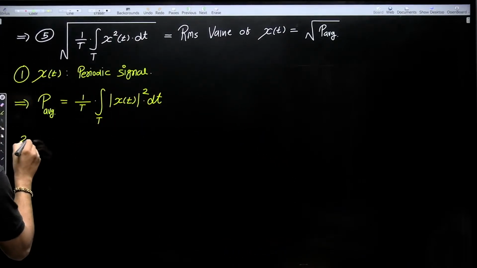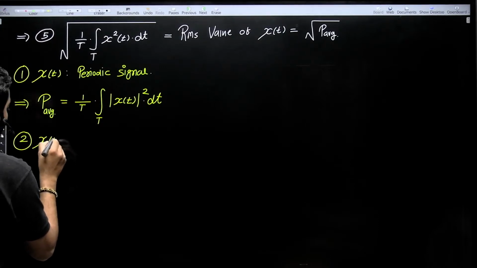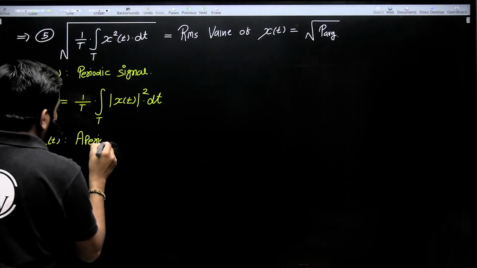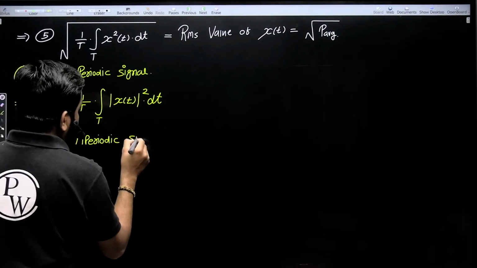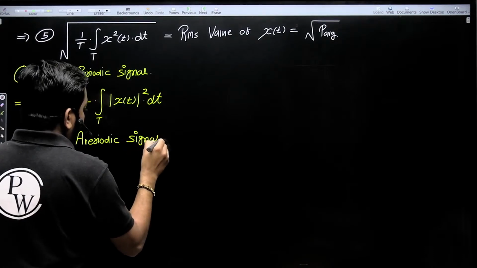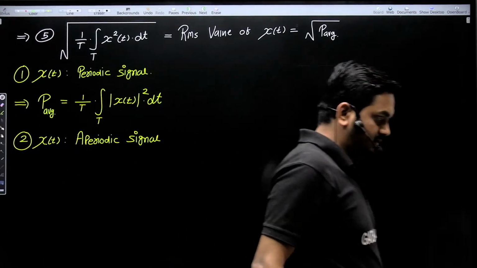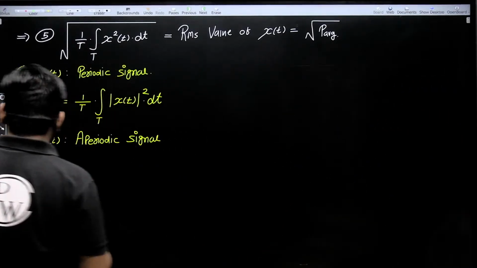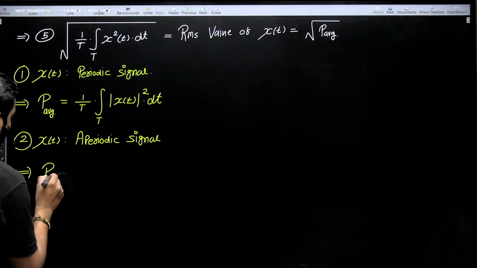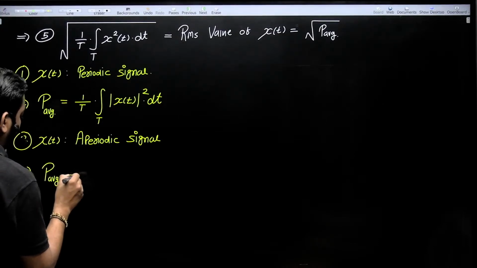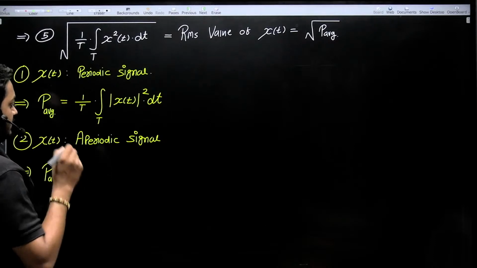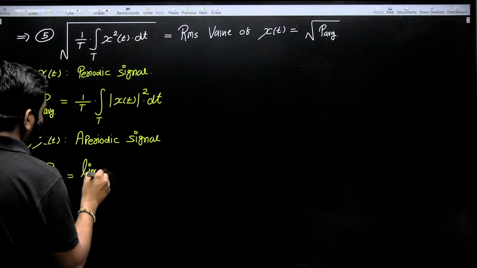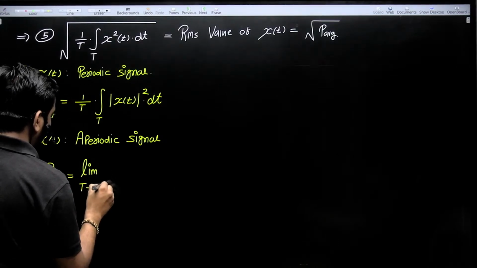So if x of t is an aperiodic signal, then the average power is given by, as I told you, guys, the fundamental time period of an aperiodic signal is infinite. So that's why limit T tends to infinity.